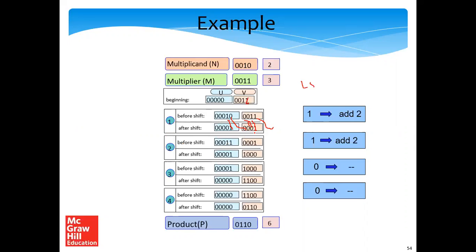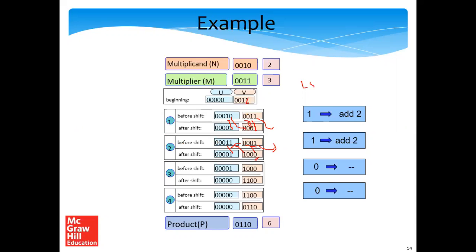Here again the LSB is 1, so we simply add to it, 2 plus 1 is 3, means 0011, then simply shift it. Then this bit is thrown out, and we again check the LSB of v.